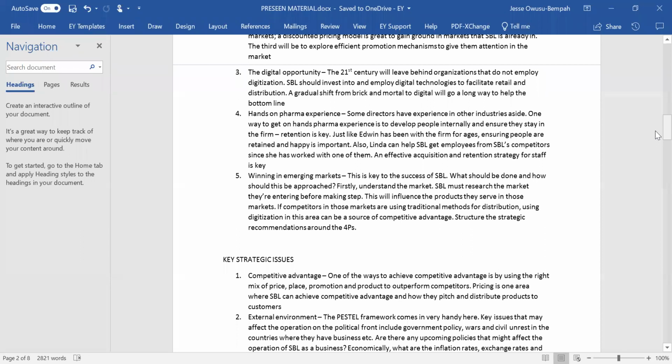And the reason why I mentioned retail here is that it's just the way distribution is done these days, right? And so that clearly is obvious that some digitization is important.